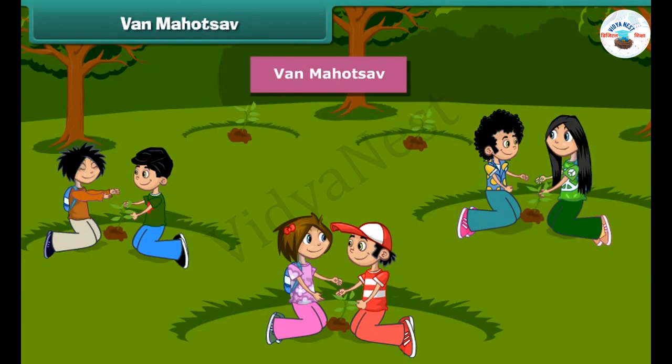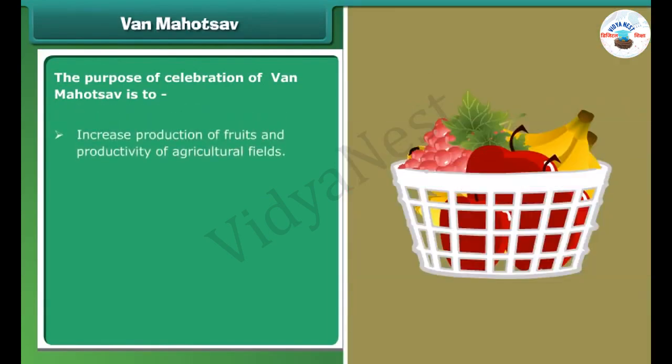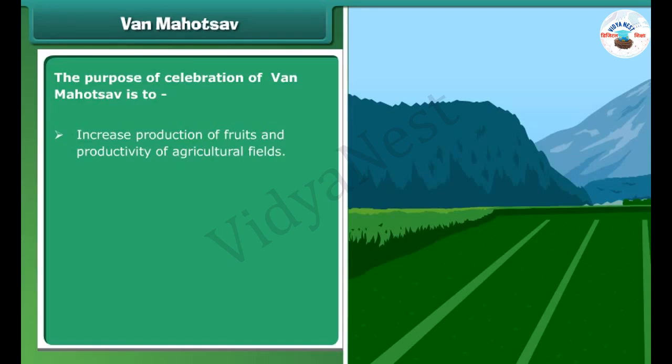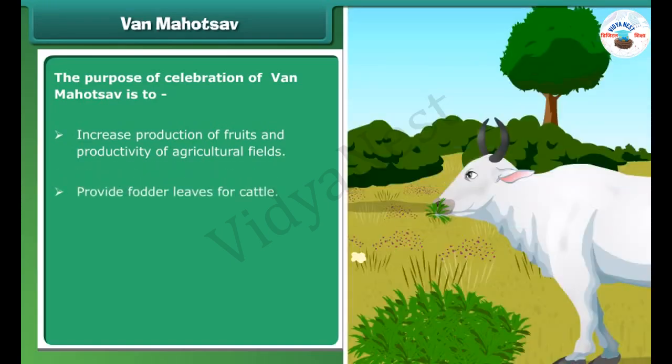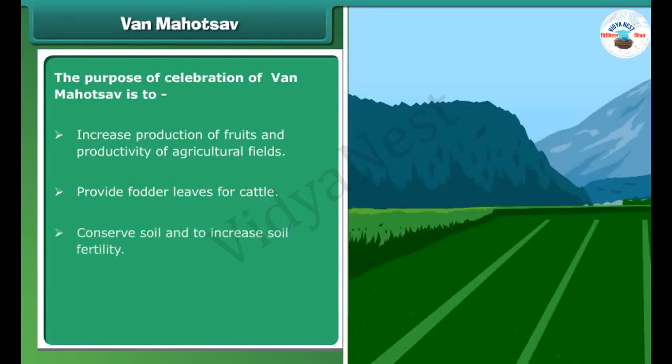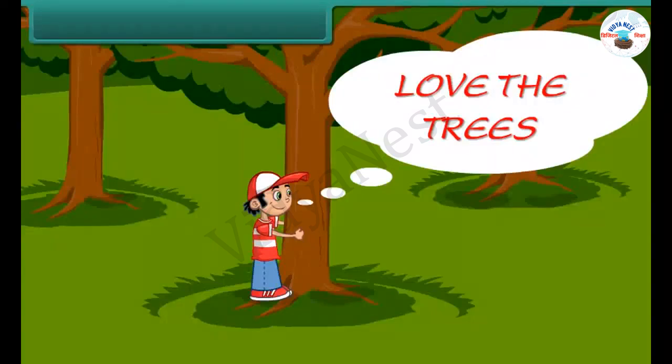Van Mahotsav is a tree planting festival celebrated in the month of July every year. We celebrate Van Mahotsav to increase production of fruits and productivity of agricultural fields, provide fodder leaves for cattle, conserve soil, increase the fertility of the soil, and generate love and awareness of the uses of trees among the people.